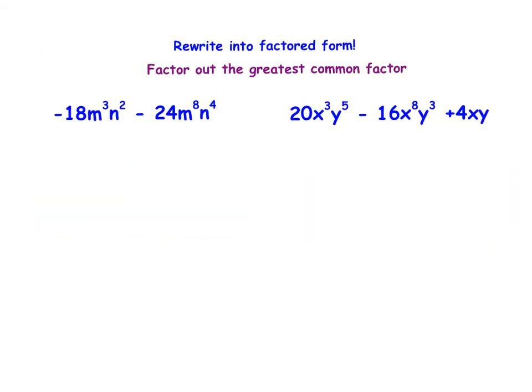Alright, final two examples here. This first one, you'll notice that they both contain negative numbers. The best thing to do when you factor out the greatest common factor is if they're both negative, factoring out a negative can actually be very, very helpful. So here as I look at negative 18 and negative 24, I'm going to use keep change here, I notice that a negative 6 is something that they are both divisible by.